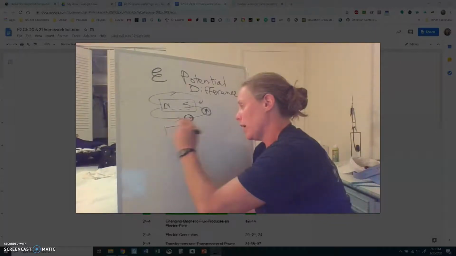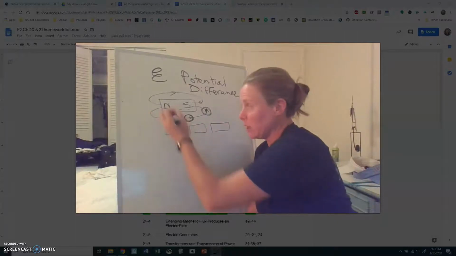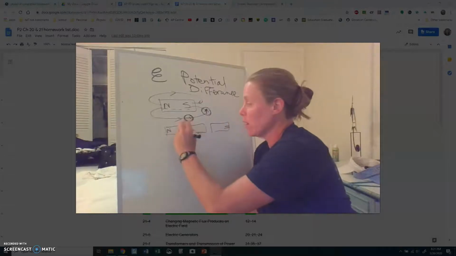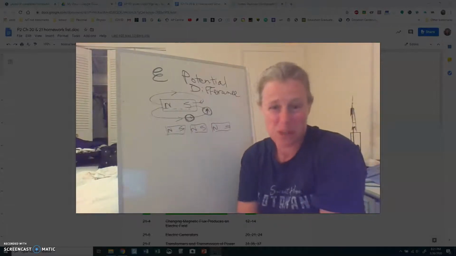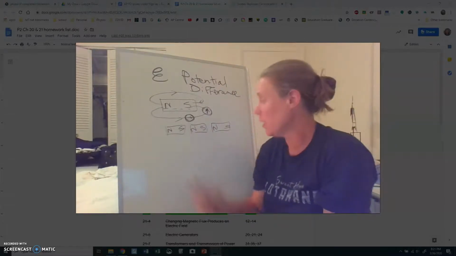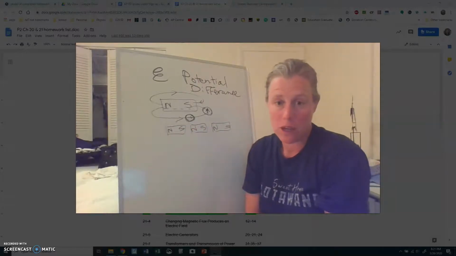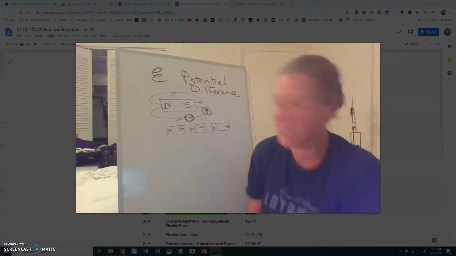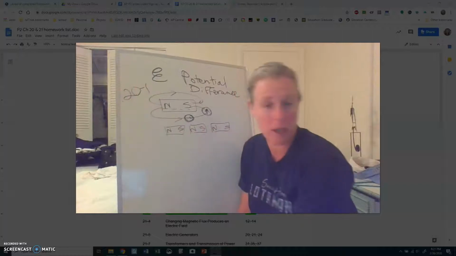Another aspect we've briefly talked about: what if we broke up that magnet into pieces? You've still got this property of dual poles, a north pole and a south pole. The magnets themselves maintain this property of polarity, which is kind of cool. So really that's all I had for 20-1.